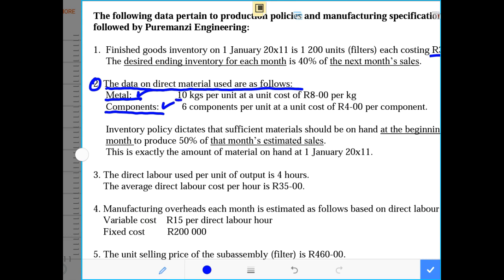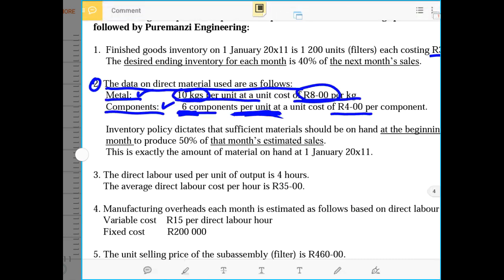They say we need 10 kgs per unit at a price of 8 rand per kg. At the same time, we need 6 components per unit. Take note of that, 6 components per unit, at a unit cost of 4 rand per component.